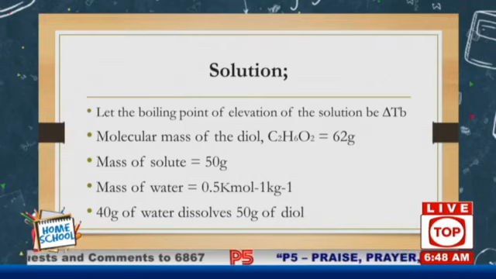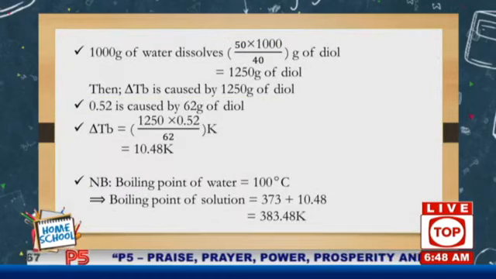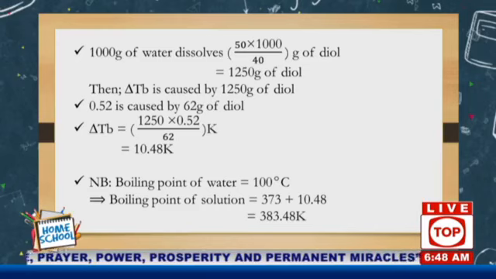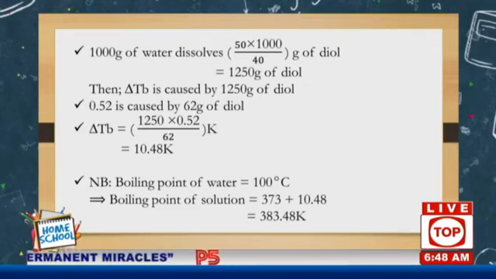On our next slide, we see that 1,000 grams of water will dissolve 50 times 1,000 over 40. Then we come up with the answer 1,250 grams of diol.